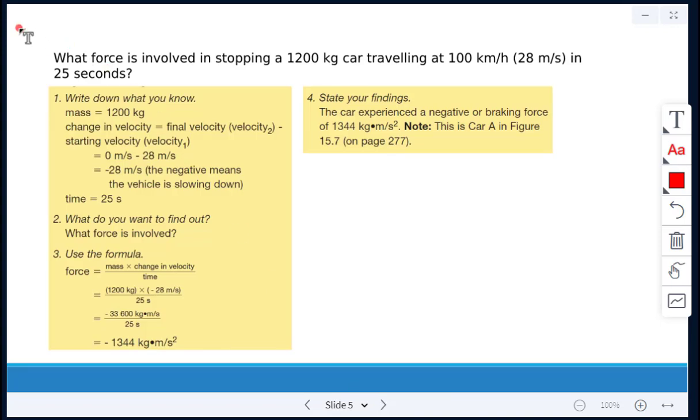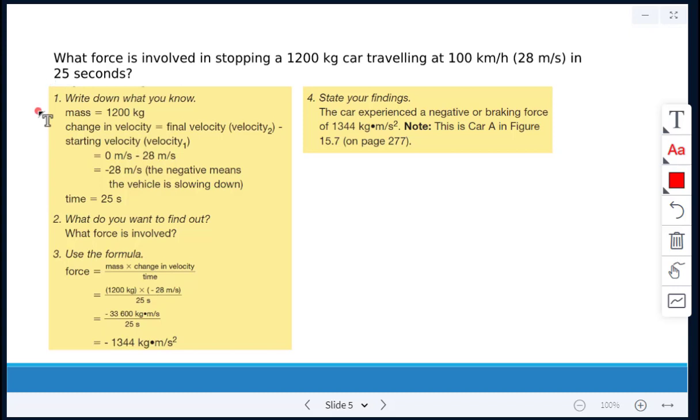So let's take a look at this example. What force is involved in stopping a 1,200 kilogram car traveling at 100 kilometers per hour in 25 seconds? We know the mass. The mass is 1,200 kilograms.